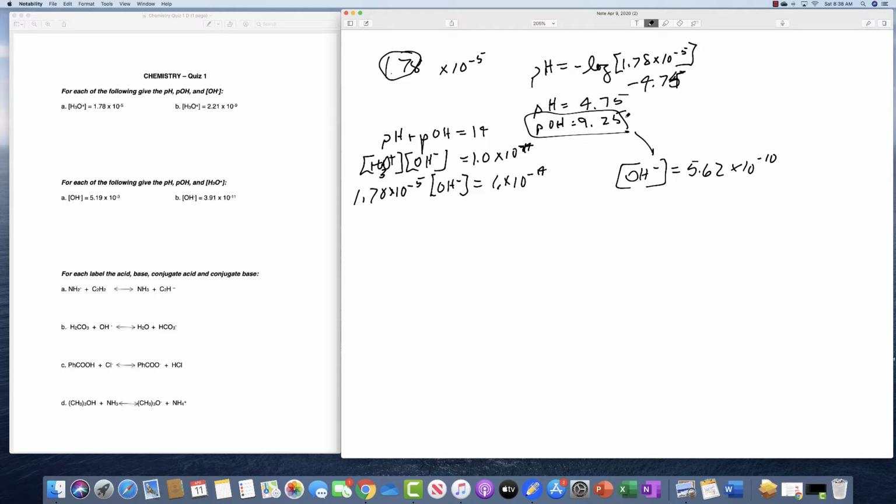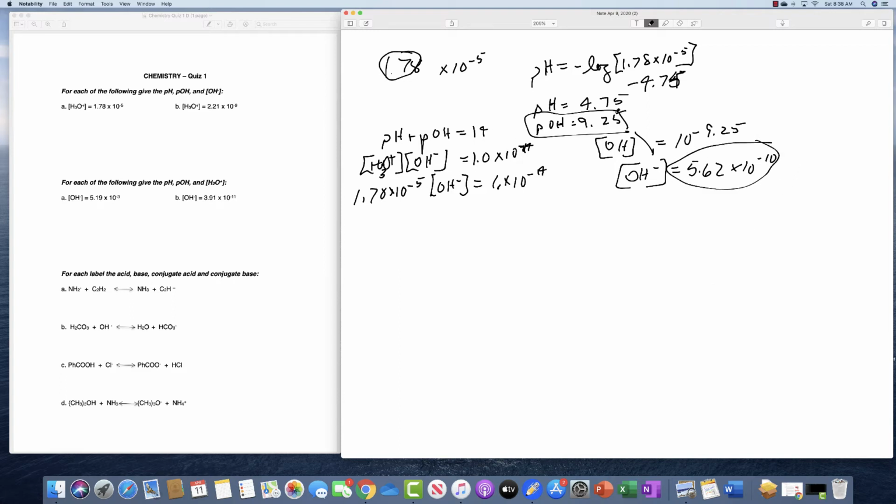Just to show you how you get the OH concentration from the pOH, you take 10 to the minus, don't forget the minus sign, 9.25. In your calculator, you put that number in, minus 9.25, and you raise 10 to that power, and you get this same number right here.